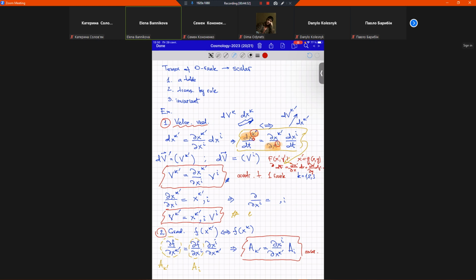The point is that in any case you need to put this in the denominator. It doesn't matter that you put it here below; in any case it will be in this part of the ratio.